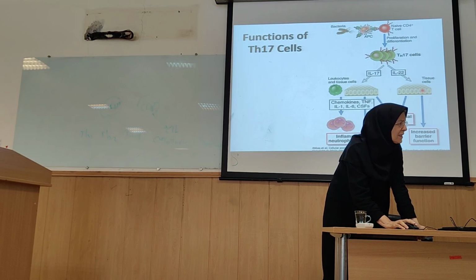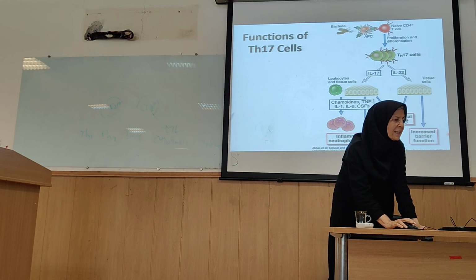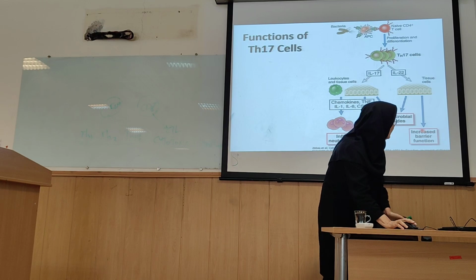These cytokines affect different tissues in our body. For example, in the skin they produce antimicrobial peptides and increase barrier functions.